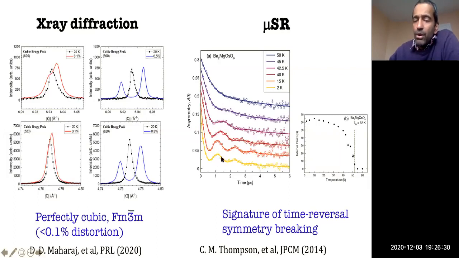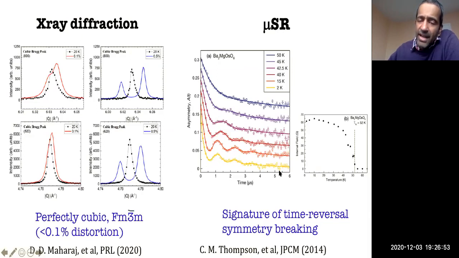Your muon basically sits in the magnetic fields. Imagine there are internal magnetic fields in the system. The muon precesses in the local magnetic field around the site where it is sitting, and then it decays and emits positrons, which you can then measure to get some information about this time reversal breaking.